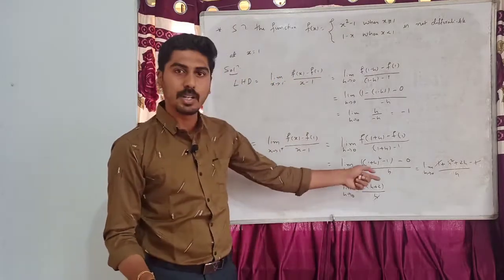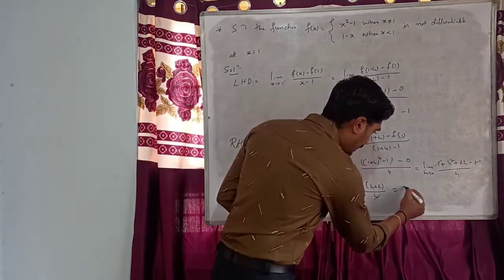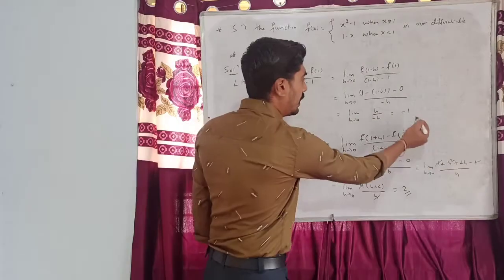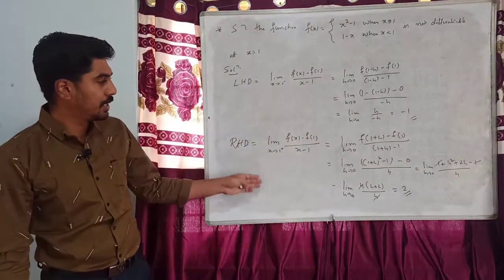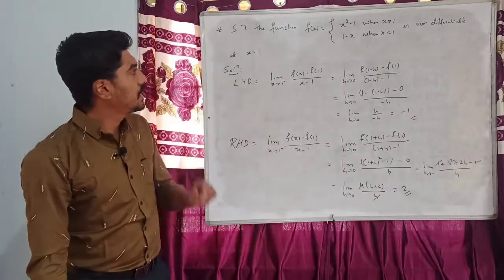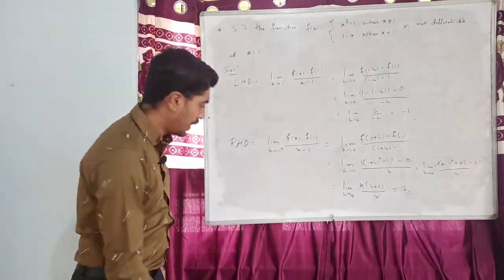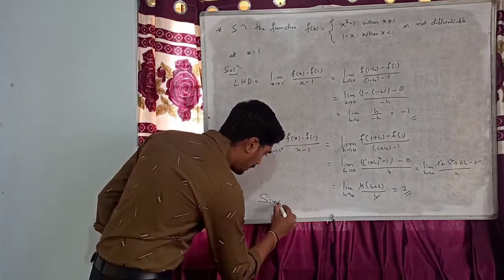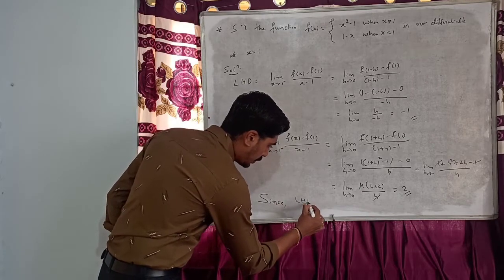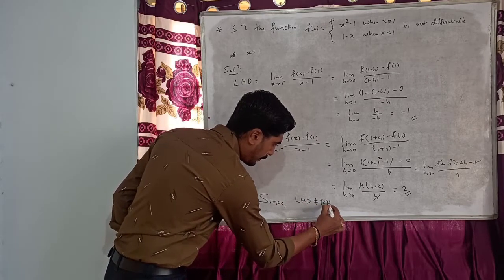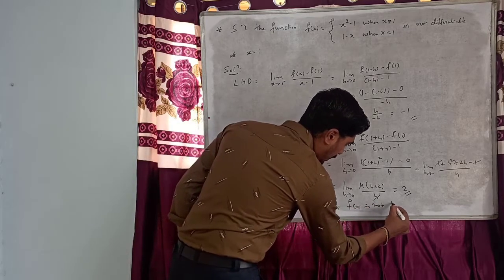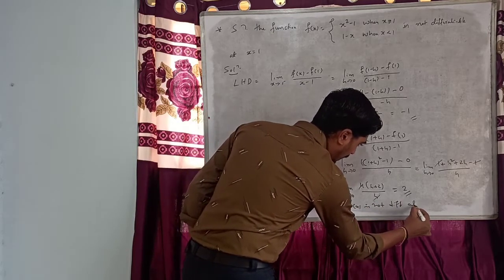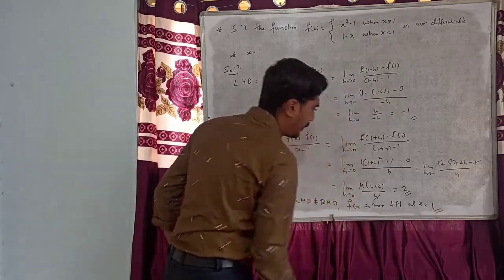As h tends to 0, I get 2. Since left hand derivative equals minus 1 and right hand derivative equals 2, the function is not differentiable at x equal to 1. Since LHD is not equal to RHD, f of x is not differentiable at x equal to 1.